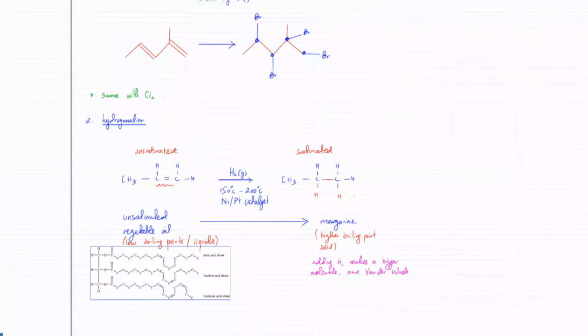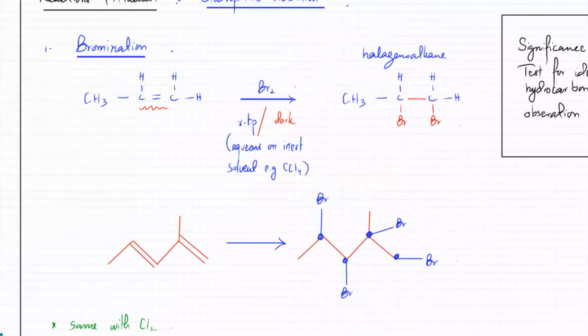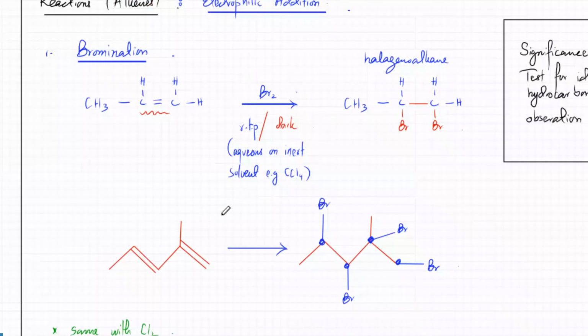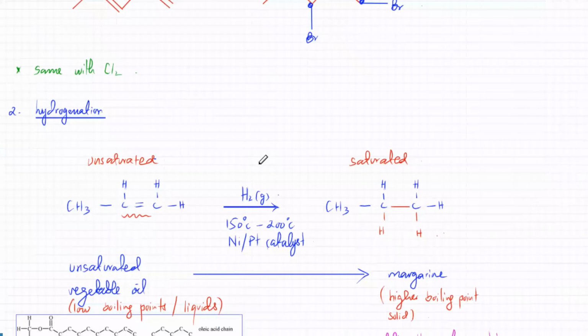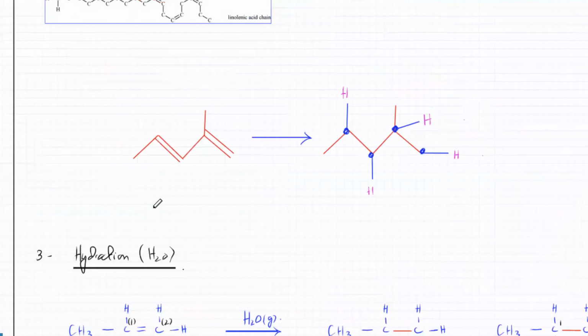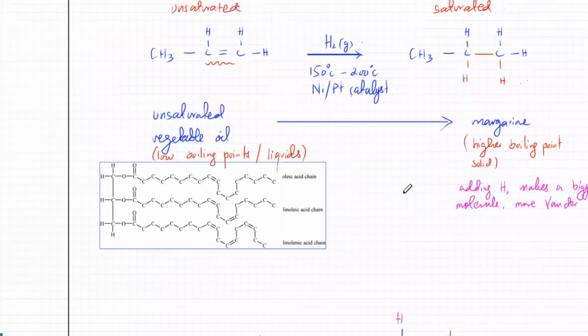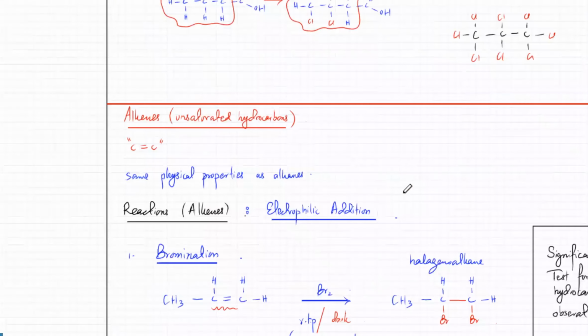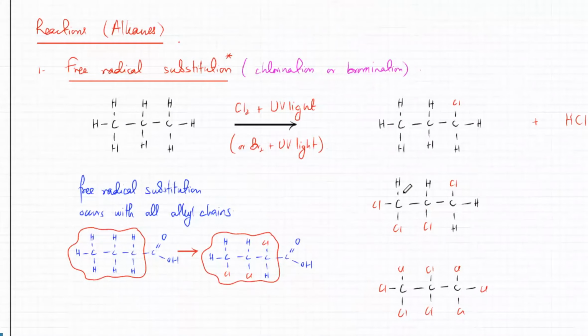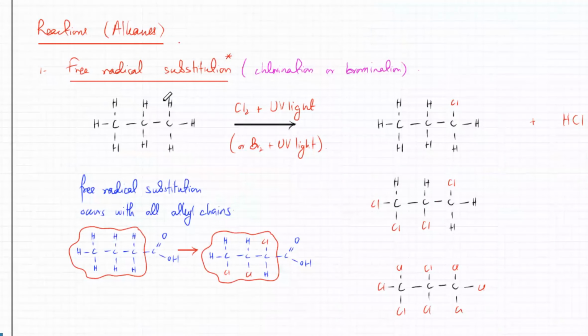So this was about alkenes. Alkenes had all these addition reactions. It had bromination. It had hydrogenation, where hydrogens would get added to the double bond. There was hydration, where water will get added, H and OH will get added, and so on. The next one that we are going to do, the detailed mechanism, is the reaction of alkanes, the free radical substitution.